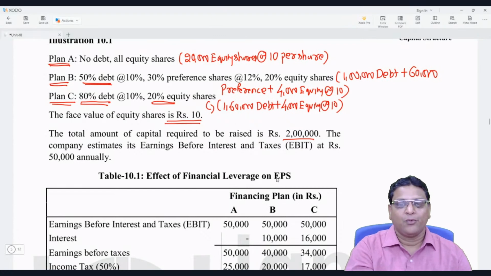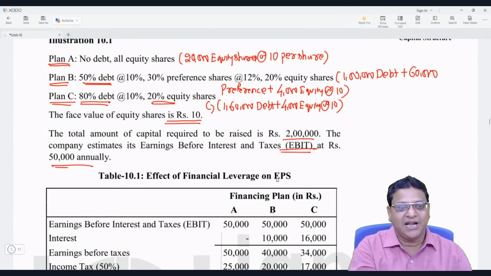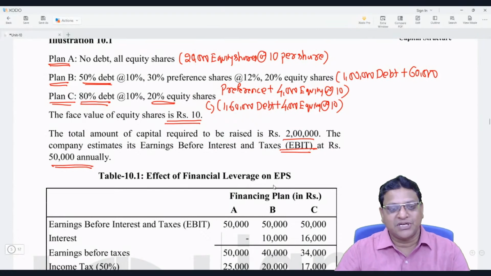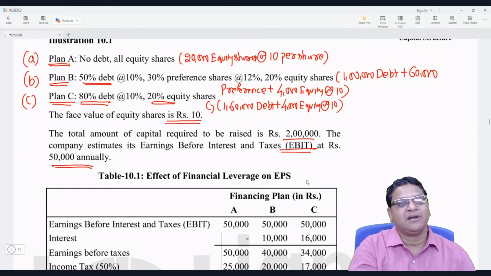Now, the question tells that the company's estimated EBIT is 50,000 annually. If the EBIT of the company is 50,000, we have to select which plan is better, whether plan A, plan B or plan C. For this, we will do an EBIT EPS analysis of the business.